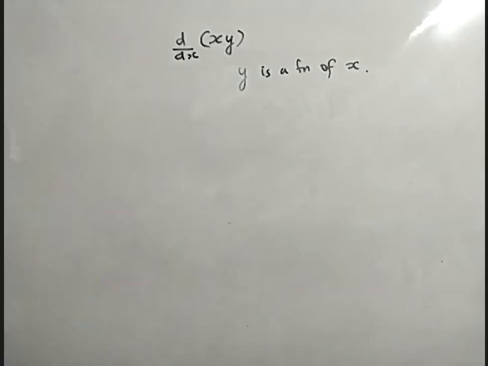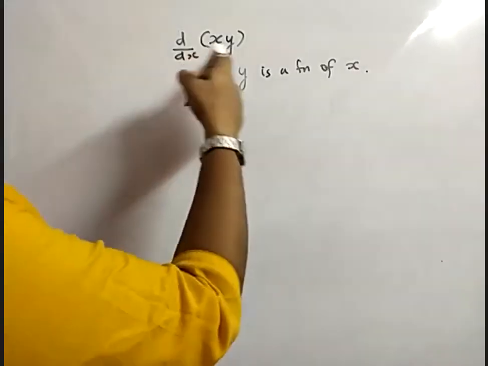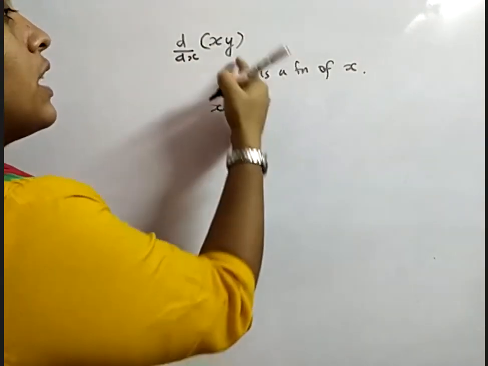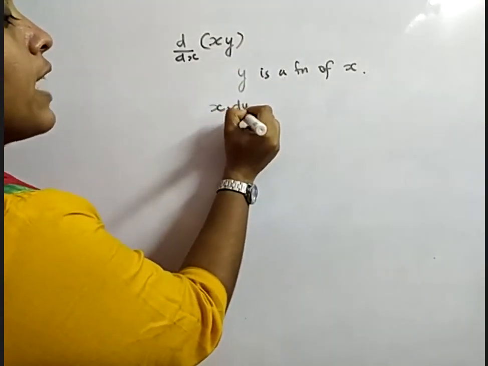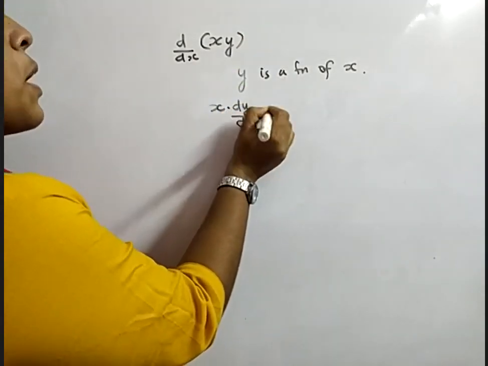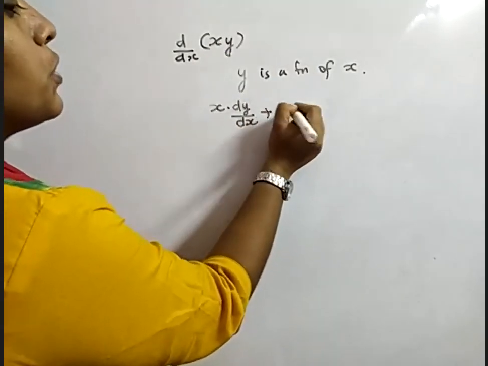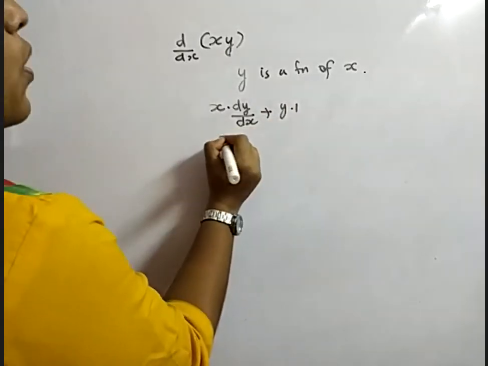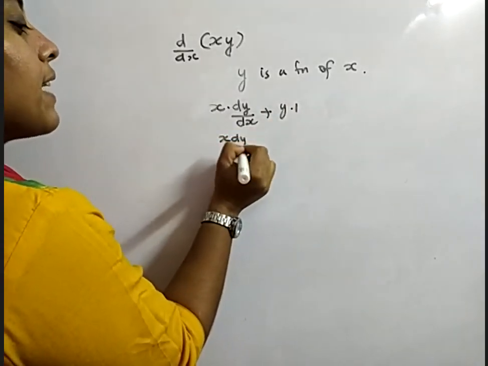Then how can you take the derivative? What rule will apply? Product rule. Product rule means first function into derivative of the second function, that is dy by dx, plus second function into derivative of the first function. So x dy by dx plus y.